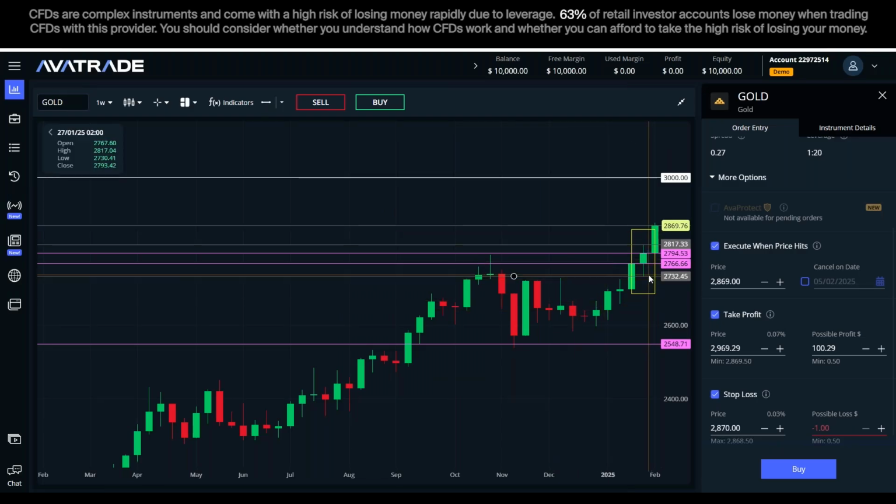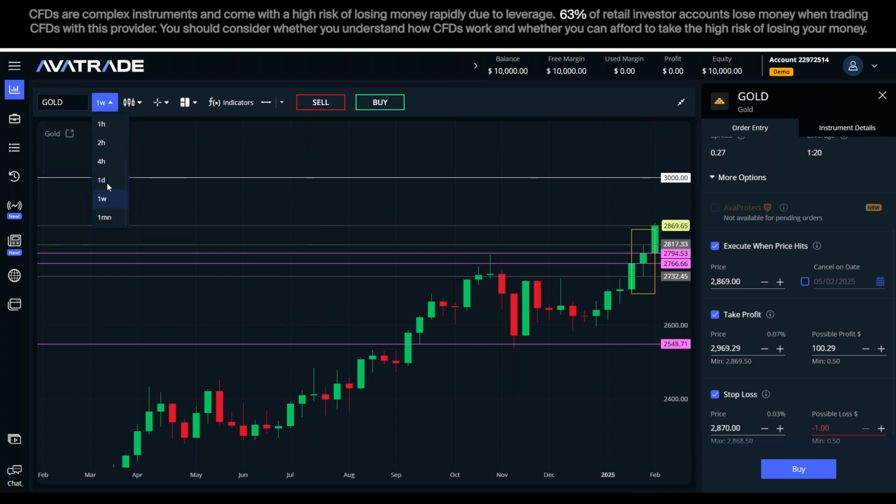That means that this candle began being bearish, right? It started going down, and then it climbed all the way up, and then it ended at, oh, sorry, 2793.42. This is where it closed.